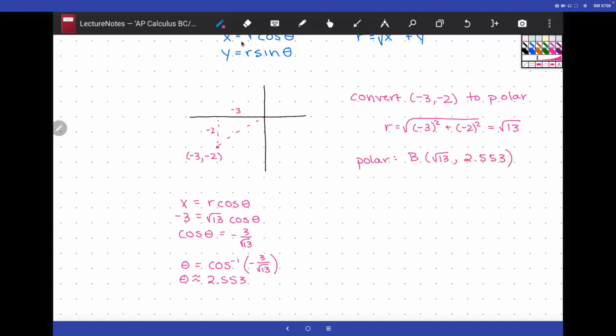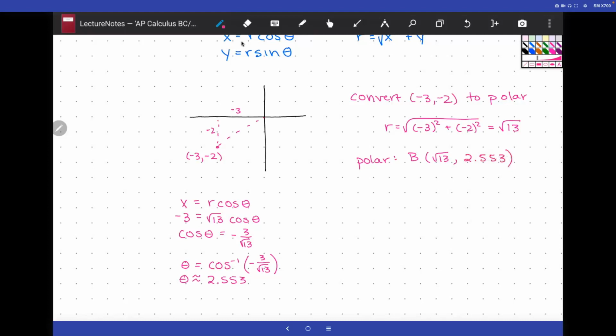Yeah. Negative 3 over root 13, and root 13 is positive. It's a positive y coordinate, so it's going to put us in negative x, positive y. That is true. There's another reason. What's the range for arc cosine? The arc cosine function has a defined output.